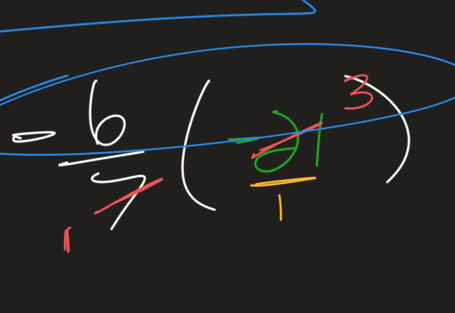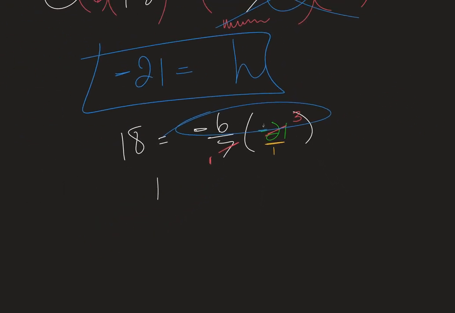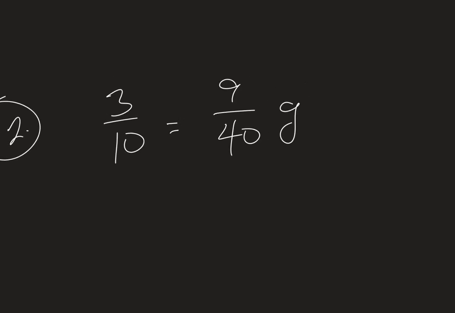Except I wrote over my negative. There's a negative hidden right here behind my blue circle. So a negative times a negative is positive, so we get 18 equals 18. We're good.